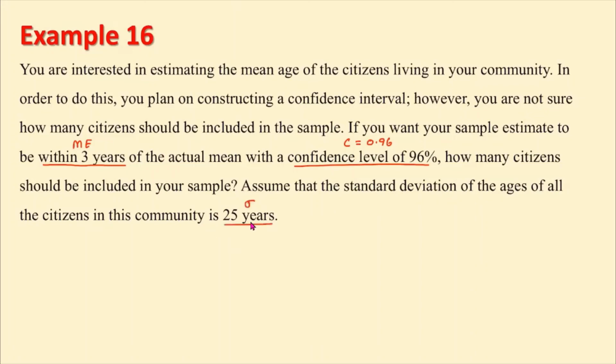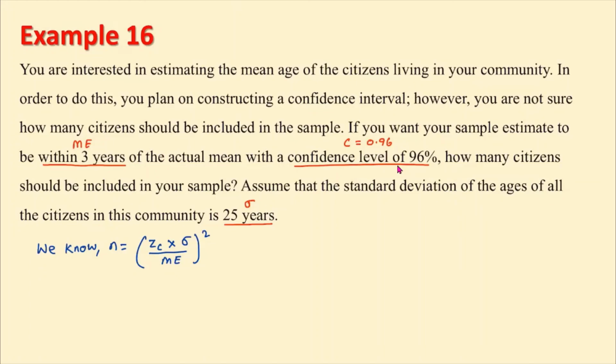Now, when we have information like this, and we want to find the sample size, what we know is this. The sample size N is equal to Z critical multiplied by sigma over the margin of error, squared. So we have the sigma, we have the margin of error, but we don't have the Z critical at 96%.